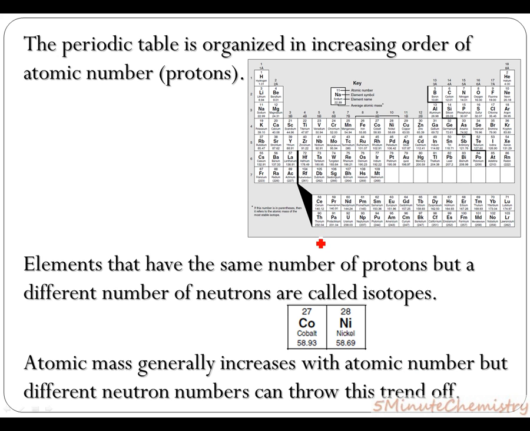So this is one example of that. Cobalt 58.93, nickel 58.69. So the mass goes down, but you notice it's 27 to 28 for atomic number. So the atomic number actually goes up. This also occurs with thorium and protactinium. And actually several of the heavy metals do this because they have various ratios of protons to neutrons.